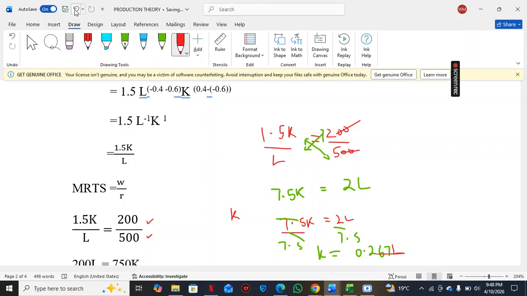Let me just find the value of L also. Let's also make L the subject of the formula here. So you start again, 7.5K equals 2L. Want to make L the subject of the formula, so divide both sides by 2.